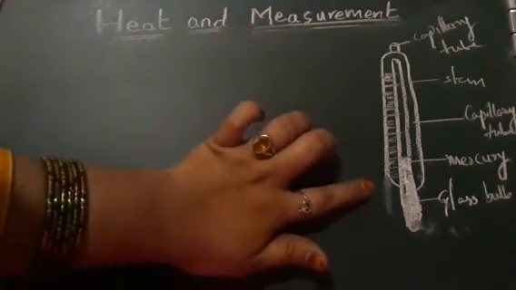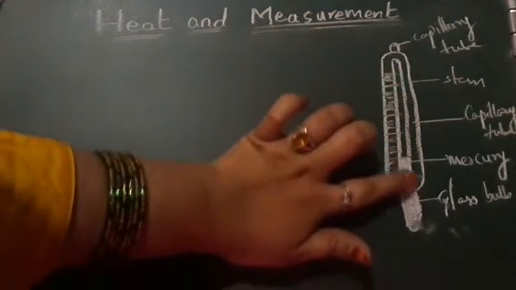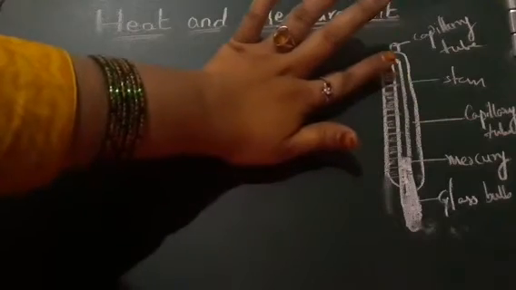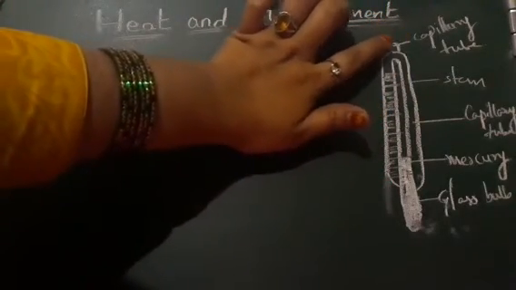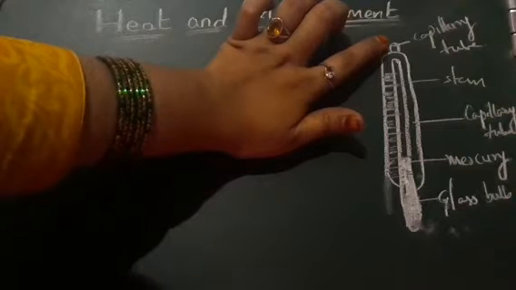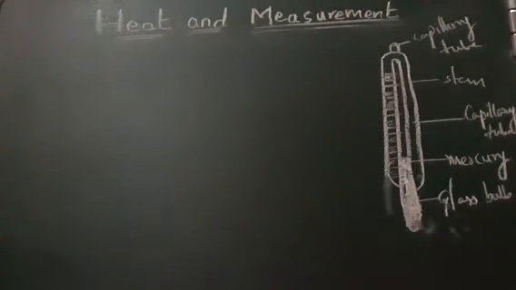In the middle you can see this is a glass tube bulb. In this you can find mercury, and this is your capillary tube, and it's a stem.